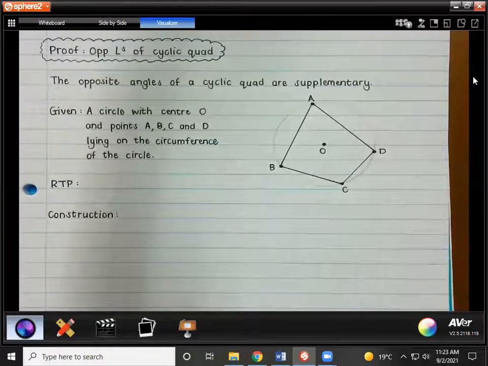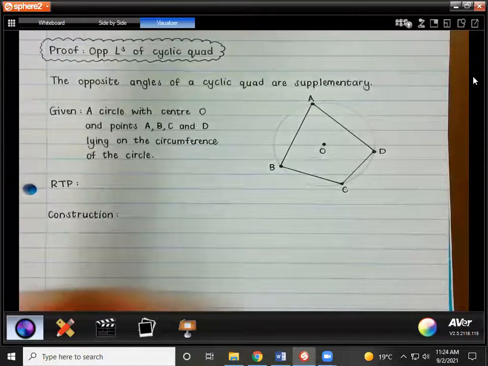Okay, so again, just like we did the other day, everything that they're going to give you, I've done in black, and then everything that we need to fill in, I'll do in blue. The required to prove part, I think is quite obvious.